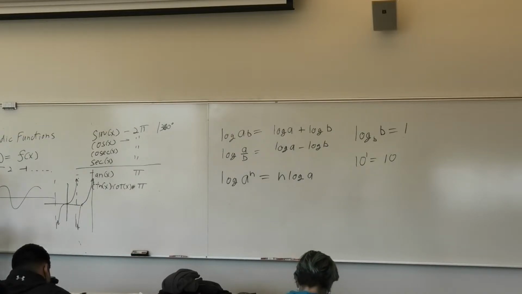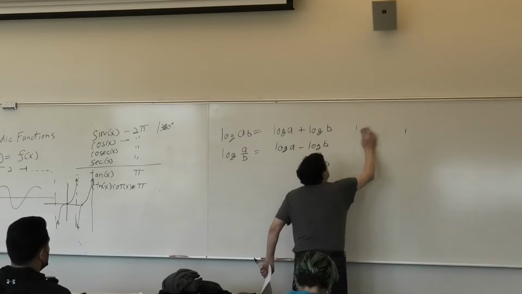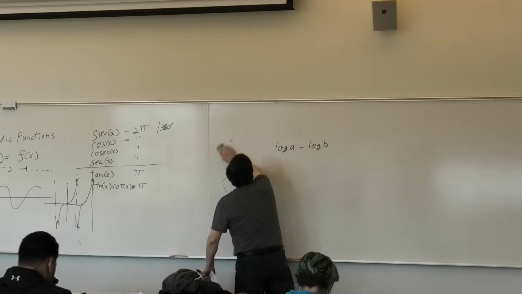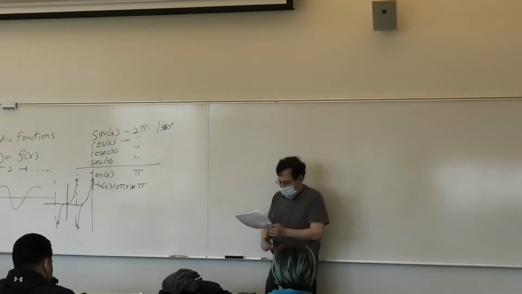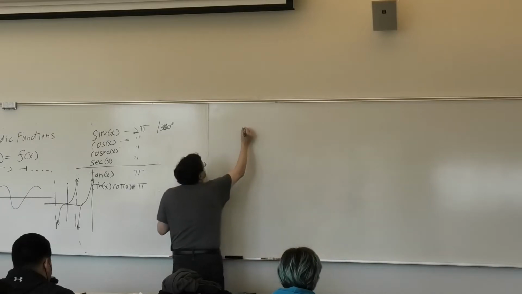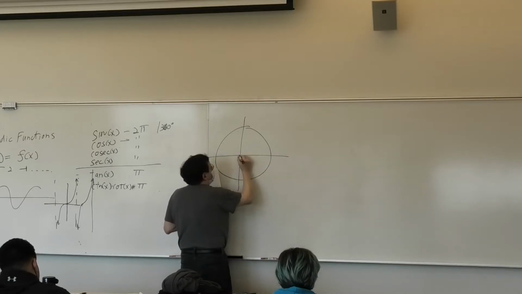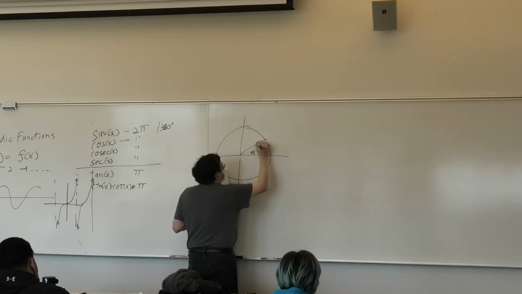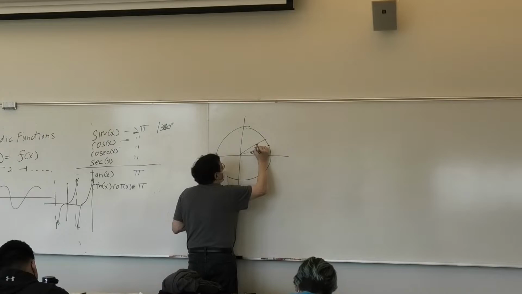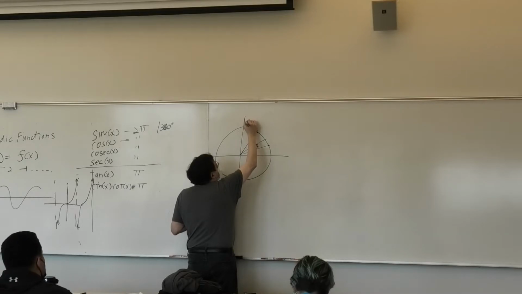The last little bit of review, and if you are not comfortable with this, I really encourage you to come to me and get an exercise where you practice this. We have our unit circle, and we have a number of angles, 30-degree angle, or pi over 6, 45-degree angle, pi over 4, 60-degree angle, pi over 3, 90-degree angle, pi over 2.